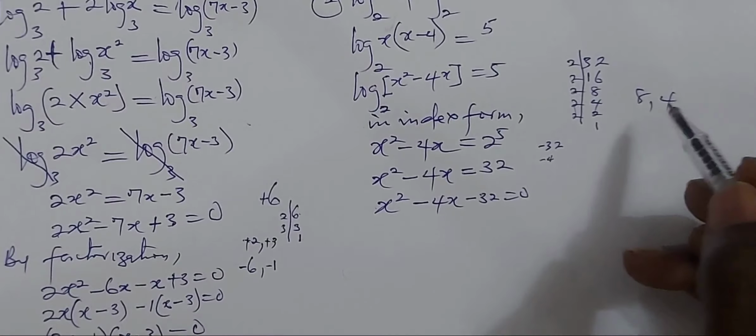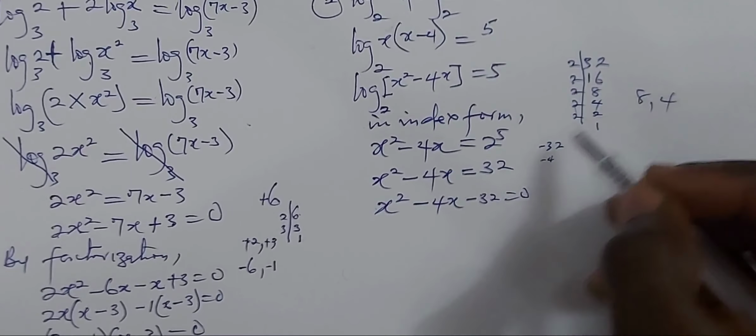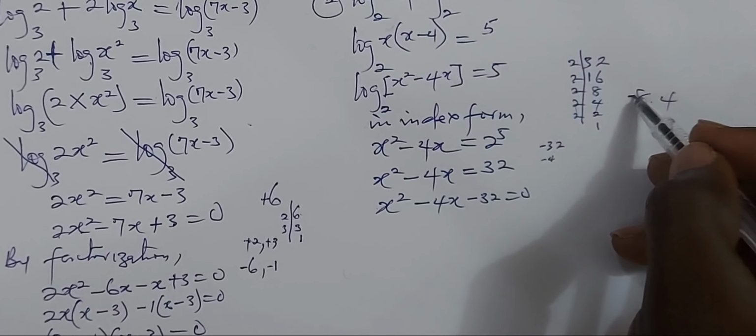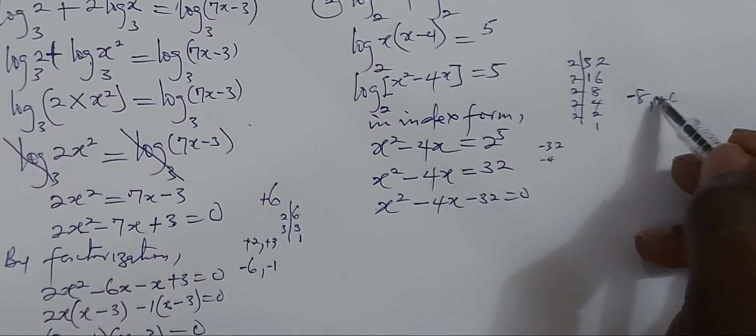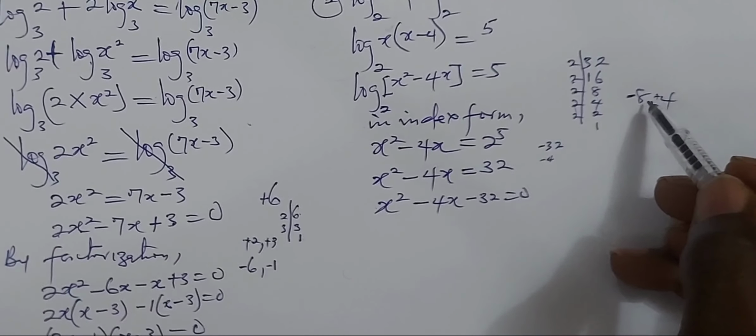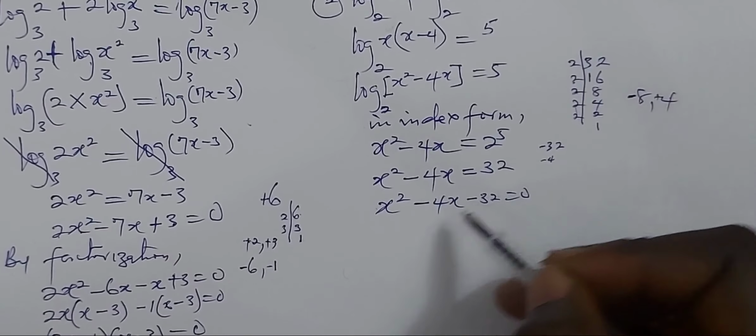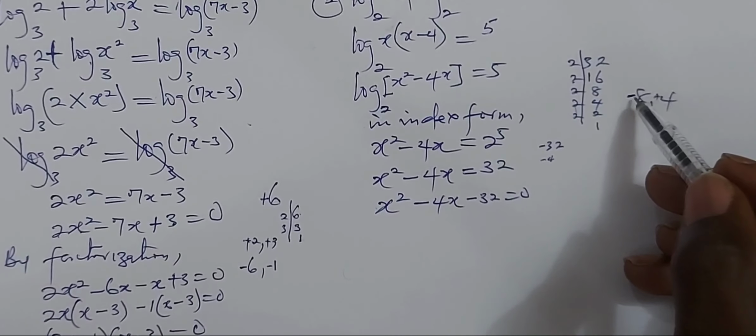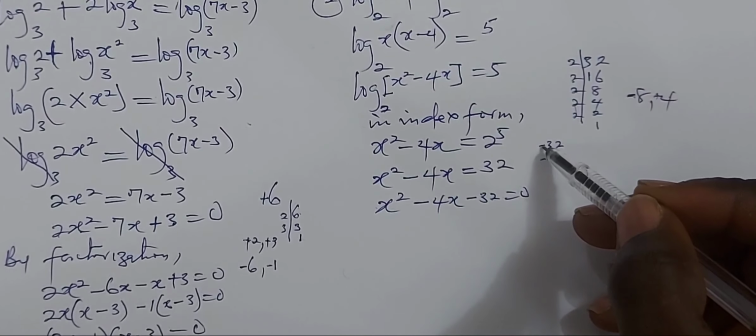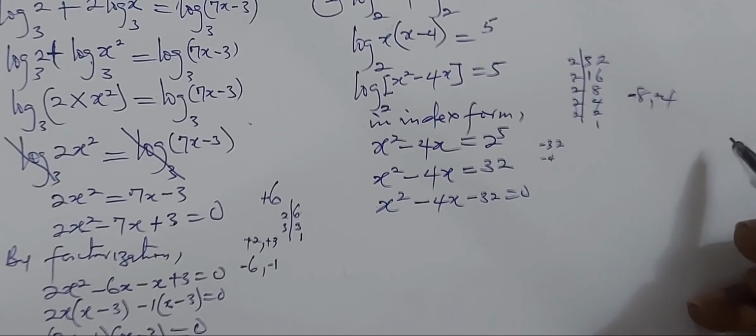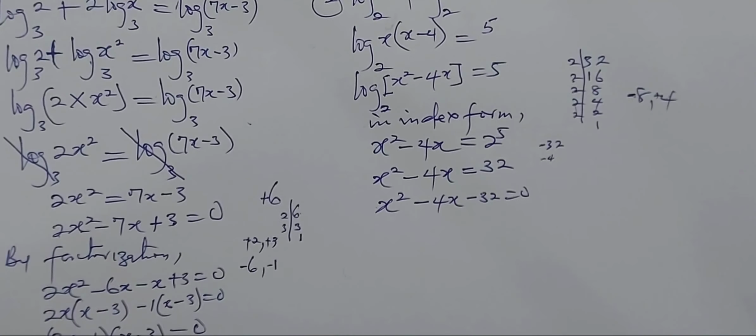You understand? Because we see that we are looking for minus 4, so the bigger one should carry minus, and this one plus. So minus 8 plus 4, we have minus 4. And when you multiply minus times plus, you have minus 8 times 4, you have minus 32. So that solves the whole issue.